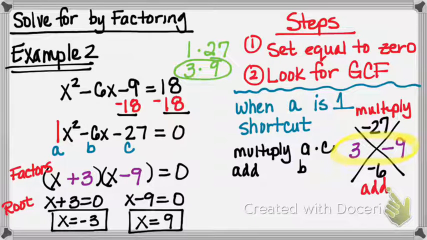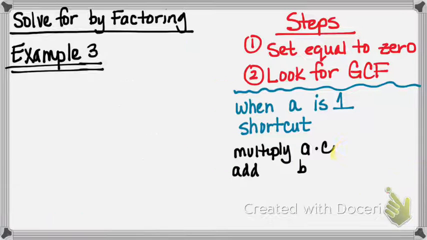Any questions about how we work through example 2? Okay, so example 3, we have x squared plus 4x equals 5.